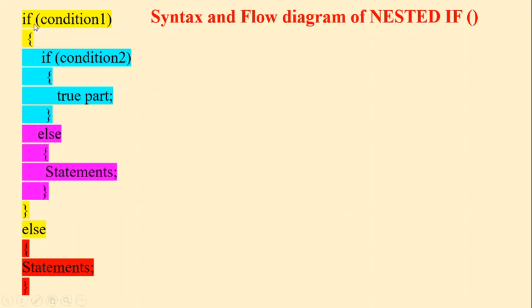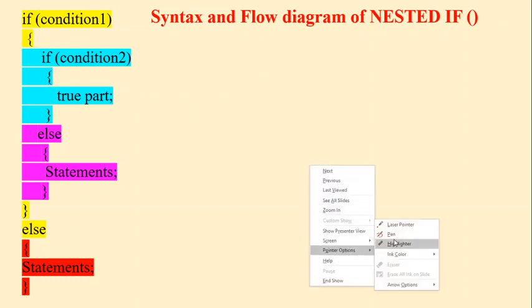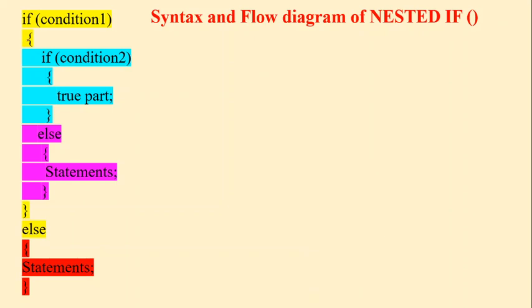Consider the if statement: if condition 1. If this condition 1 is true, then only it enters into the if part, that is the true part. So this is the first if part.